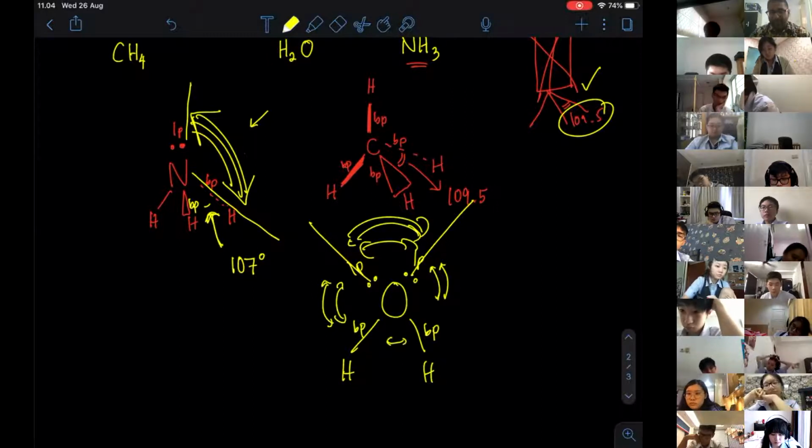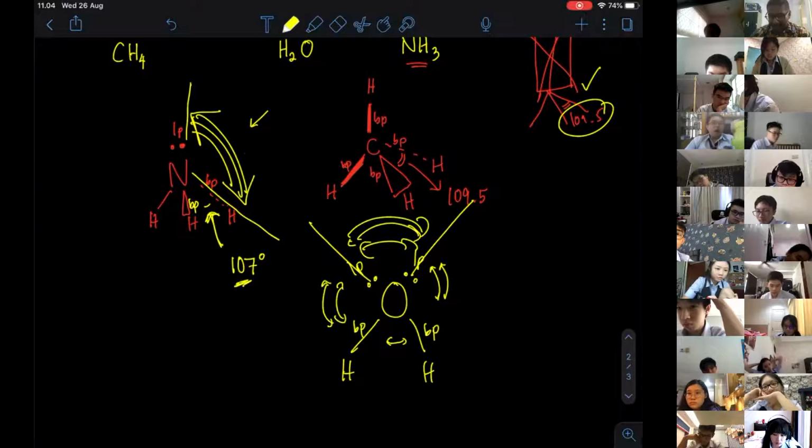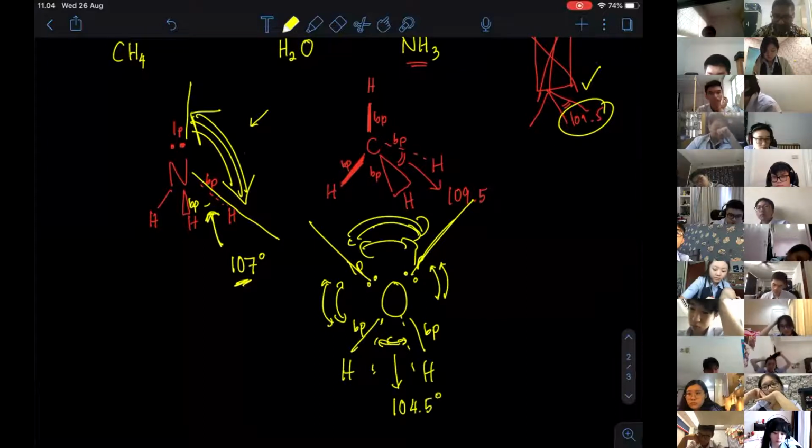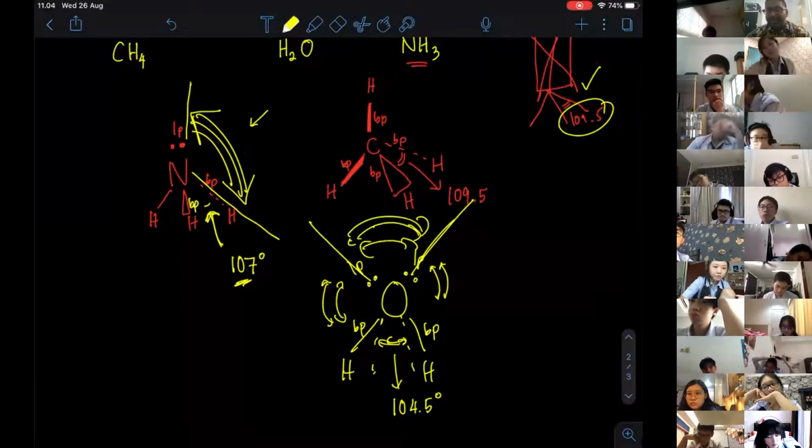So it is going to be way smaller than what you have over here, which is 107. Why? They will push it greater. So of course, this one will become way smaller. What is the bond angle that we are expecting? This one is going to be way smaller than 107. It's 104.5.